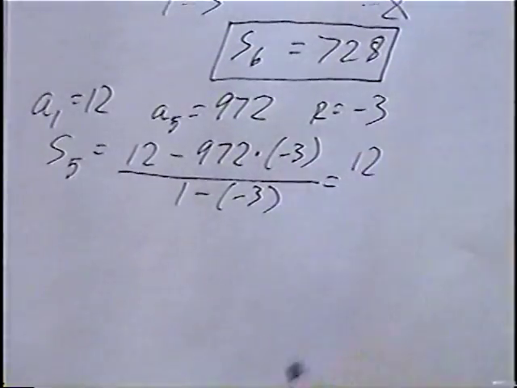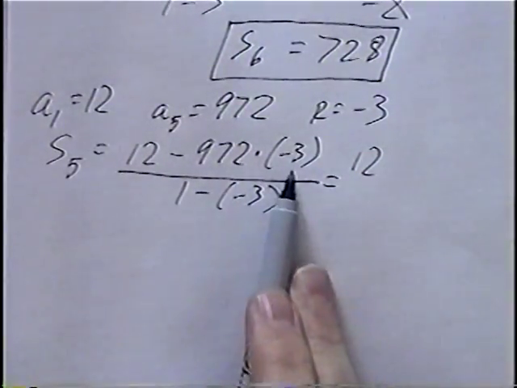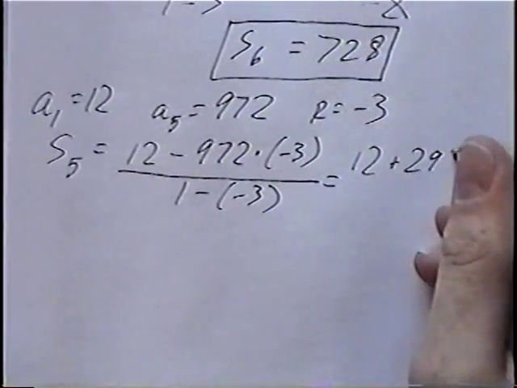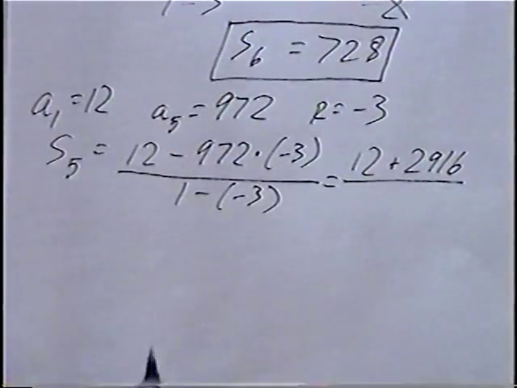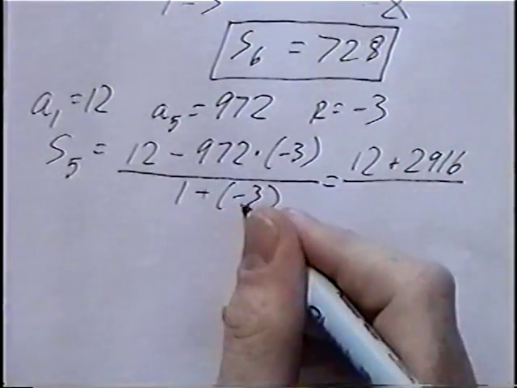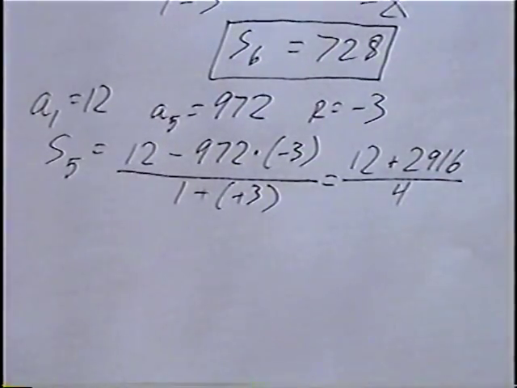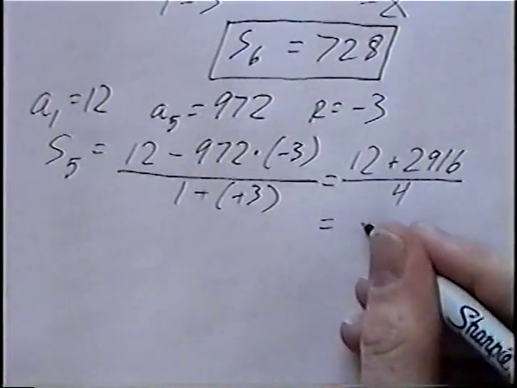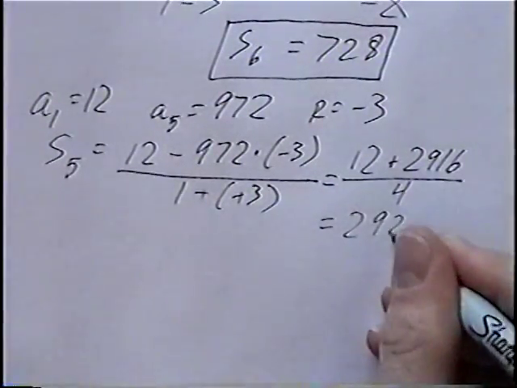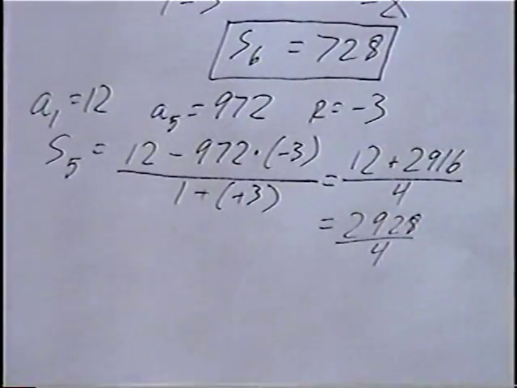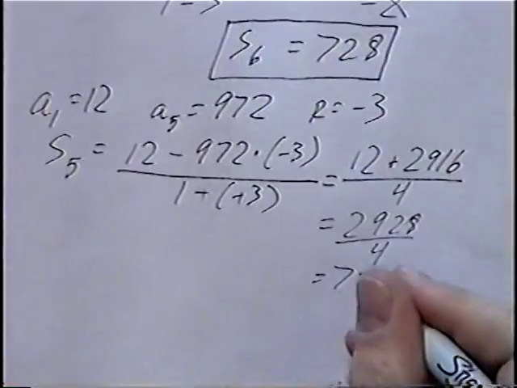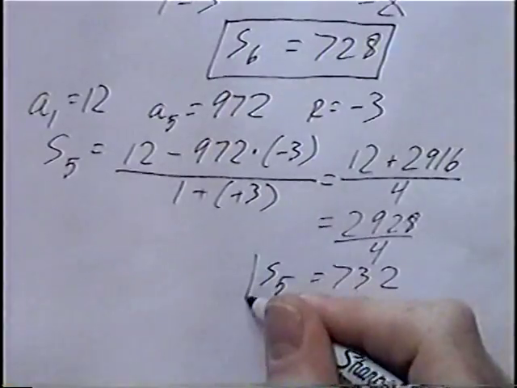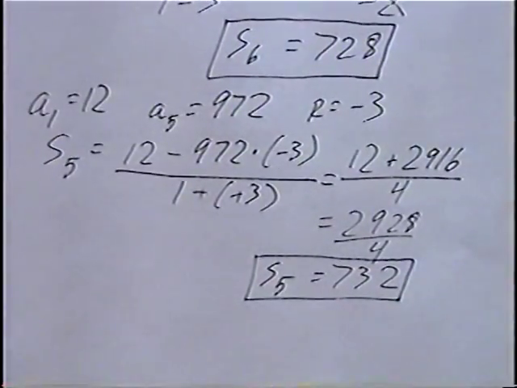Solving, we'd have 12, negative 972 times a negative 3 would be positive 2,916, and 1 minus a negative 3 would be 1 plus 3, which would be 4. 12 plus 2,916 would be 2,928 divided by 4, which would be 732. S sub 5, or the sum of the first 5 terms, would be 732.